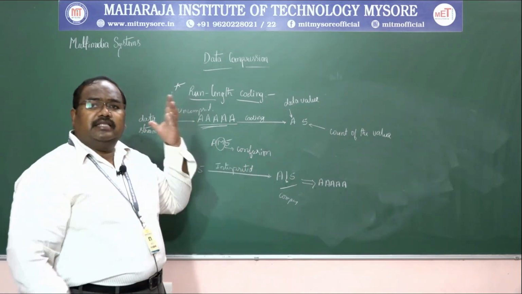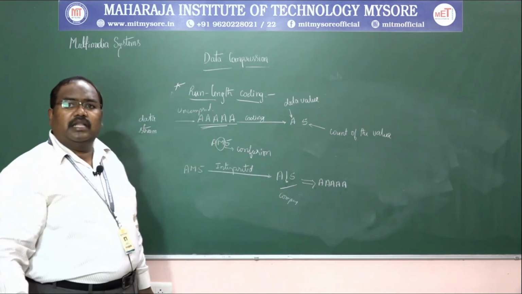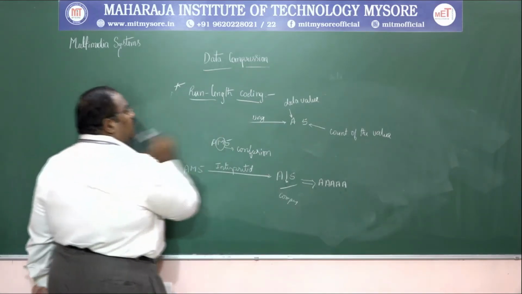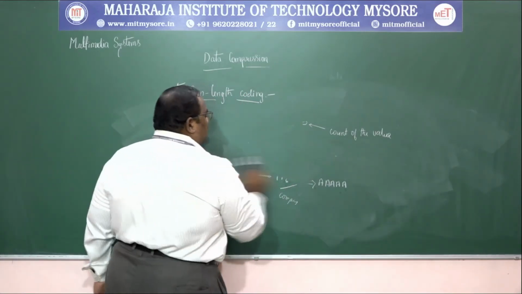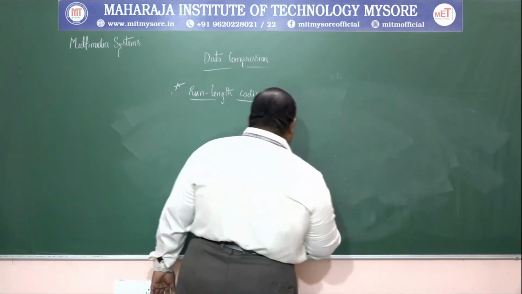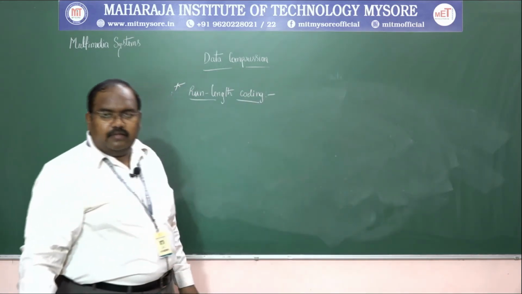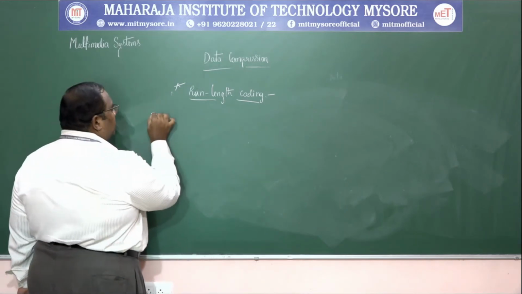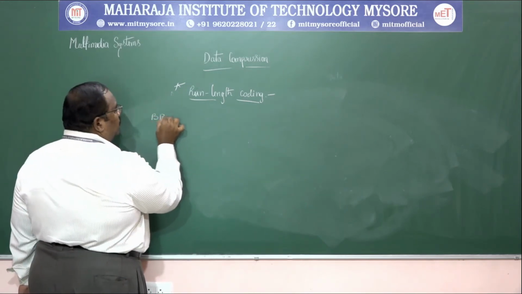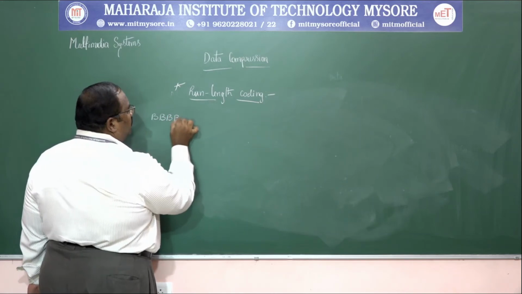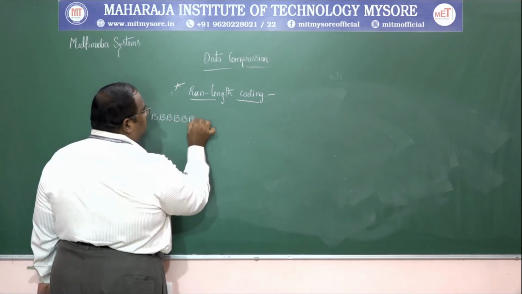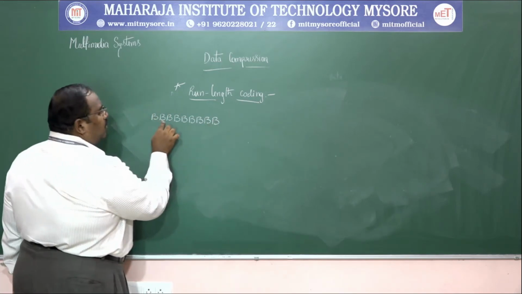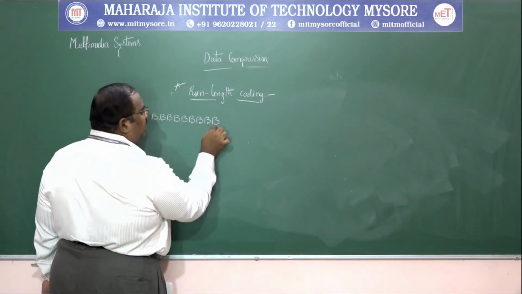Now let us take an example and discuss run length encoding in order to have a very clear understanding. Let us take a very big data stream with respect to an example. Now I take the letter B, 1, 2, 3, 4, 5, 6, 7, 8 and 9.